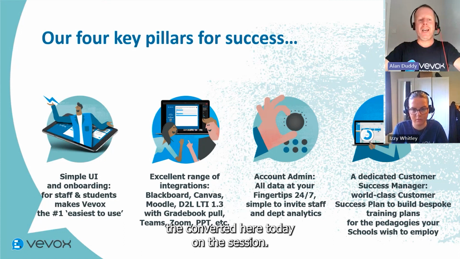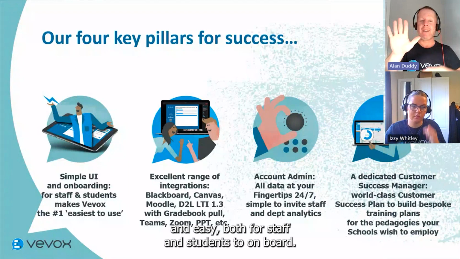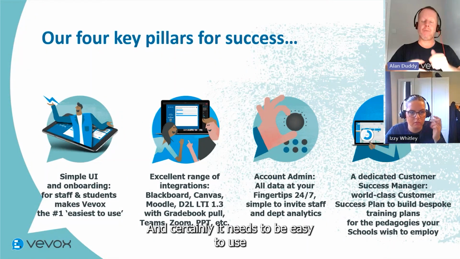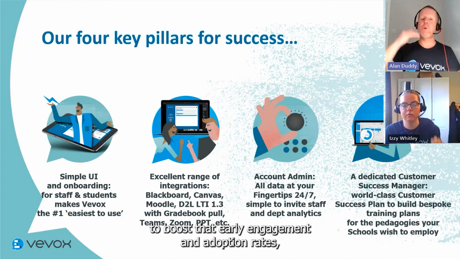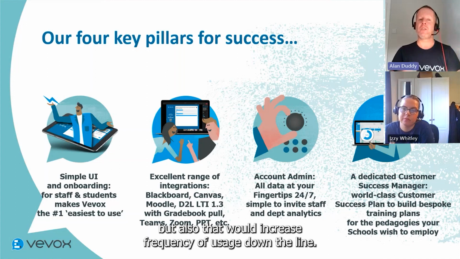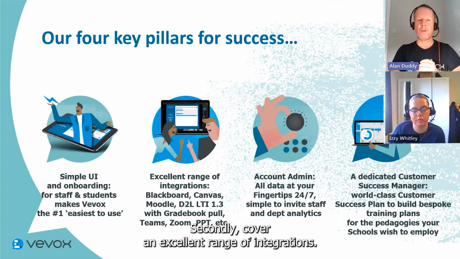It needs to be simple. It needs to be straightforward and easy, both for staff and students to onboard, and certainly it needs to be easy to use to boost that early engagement and adoption rates, but also that would increase frequency of usage down the line. Secondly, have an excellent range of integrations.